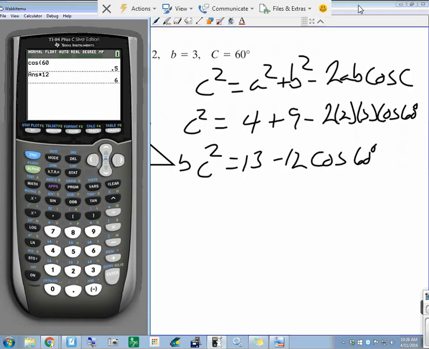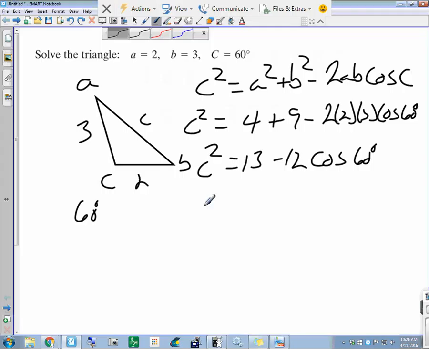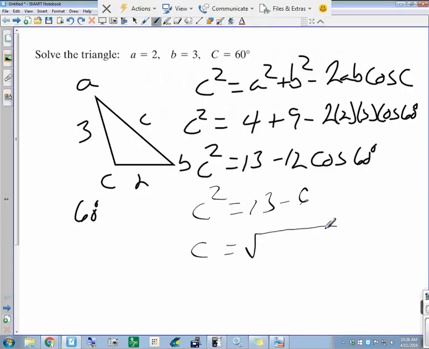So we end up with C squared is equal to 13 minus 6. So C is going to be equal to the square root of, well, what's 13 minus 6? 7.